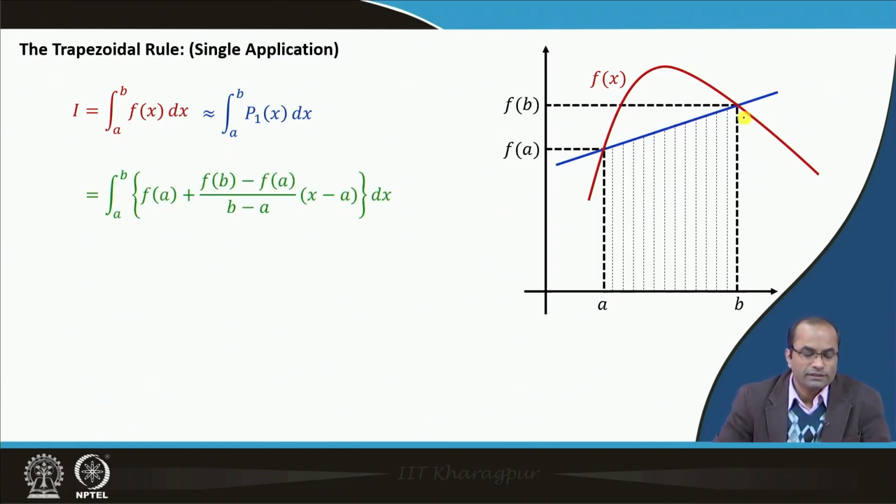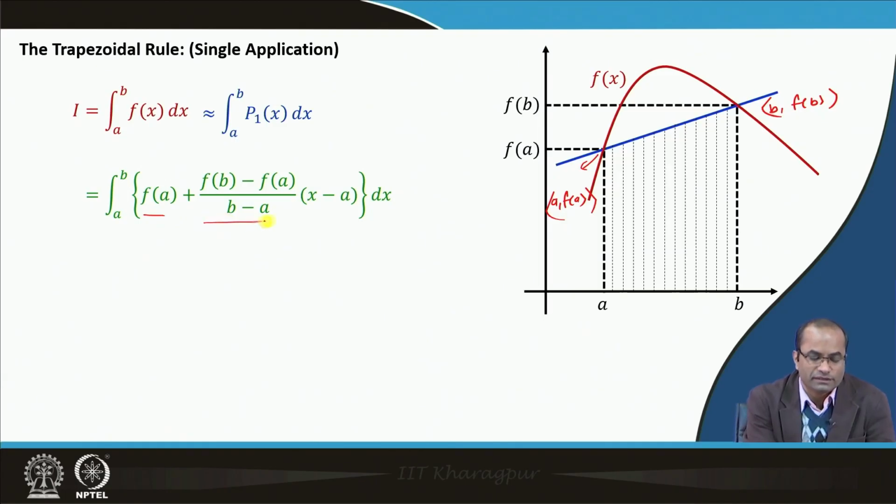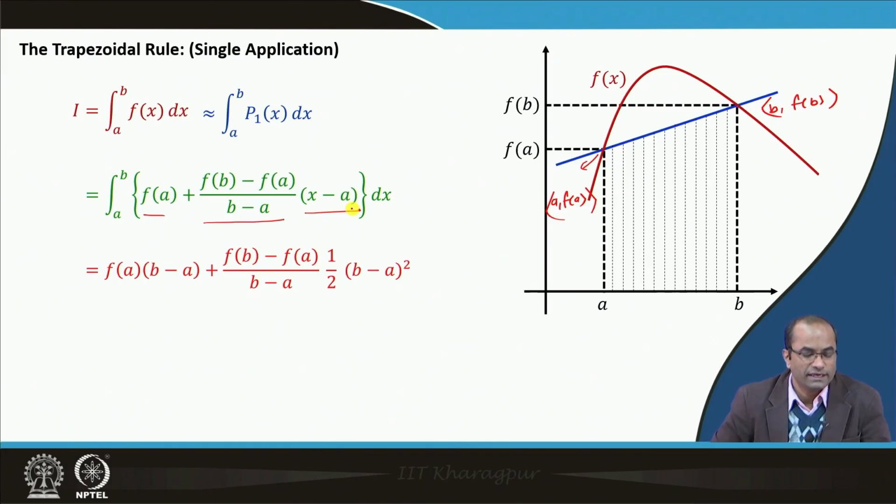So we have already discussed before, when this point is, for instance, (a, f(a)), the line passing through these two points we can get as f(a) plus (f(b) minus f(a)) divided by (b minus a) times (x minus a) dx. So this can be integrated.